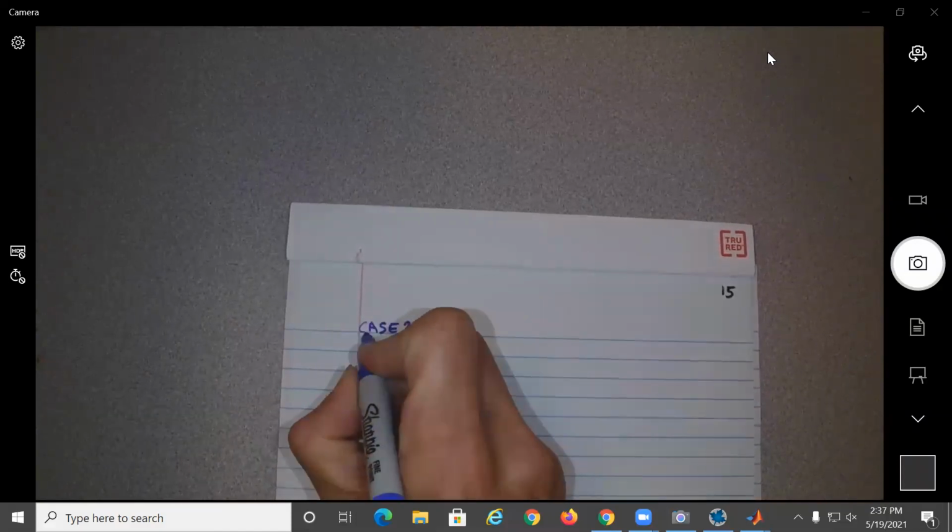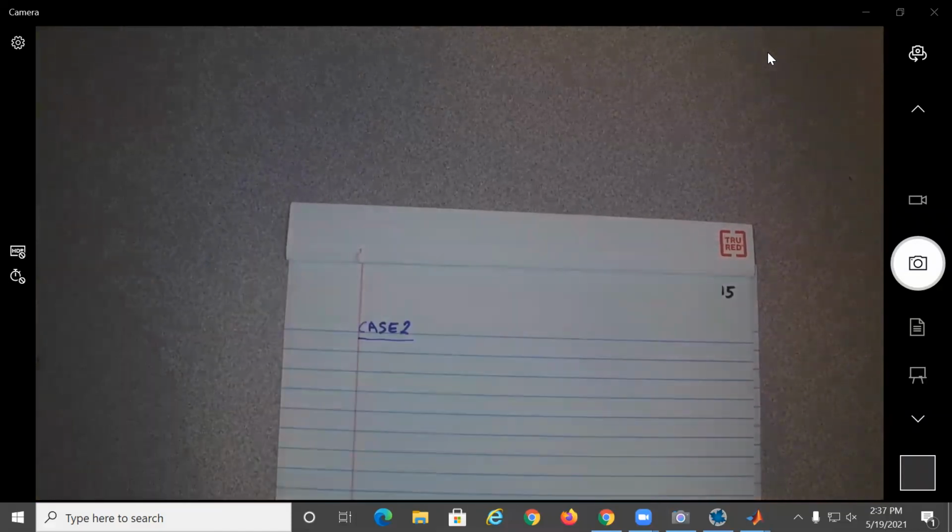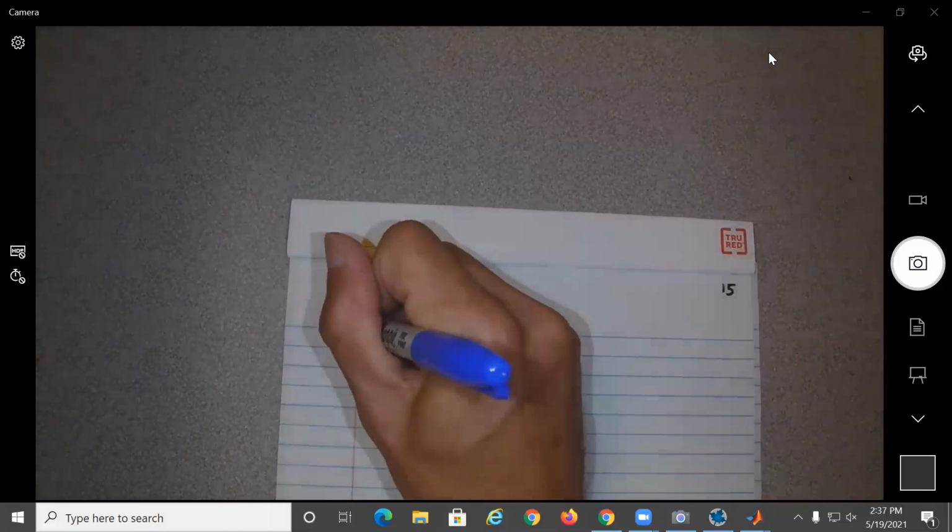So case 2. Let's see what is the notation I use for this one. Here, case 1. I did a square over here.